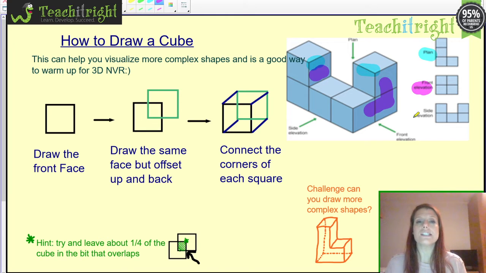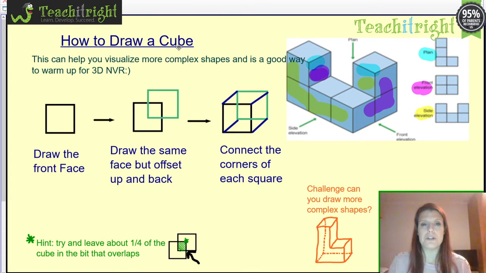Again, you wouldn't see the depth. You wouldn't see that this one here is behind. You would just see those 4 cubes. And then finally, the side elevation, same thing. You would see the layout of the cubes looking like this.